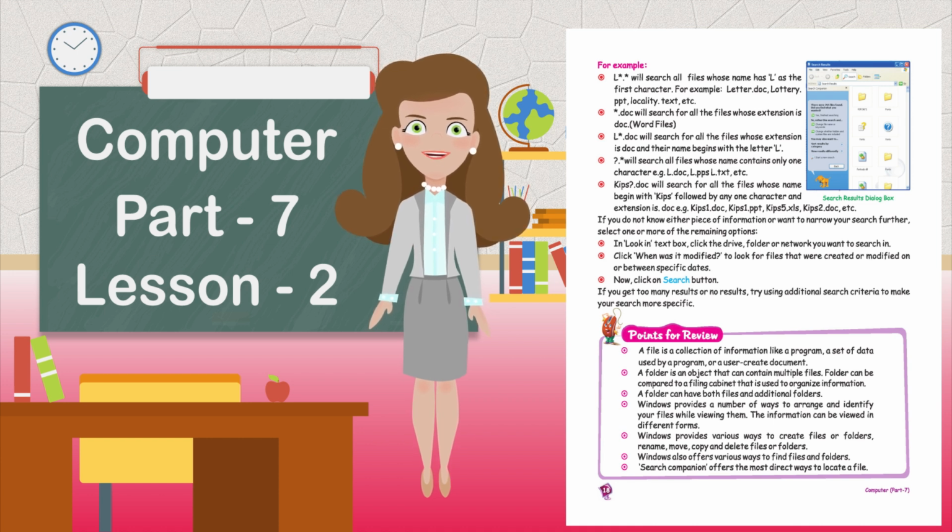Example, L.doc, L.pps, L.txt, etc. KIPS question mark dot doc will search for all the files whose name begins with KIPS, followed by any one character, and whose extension is .doc.